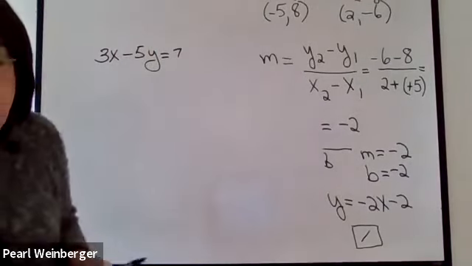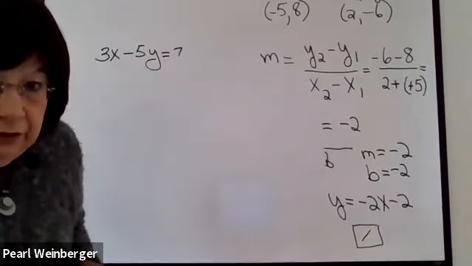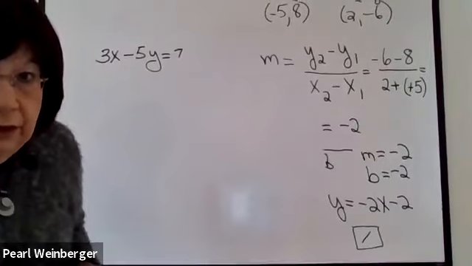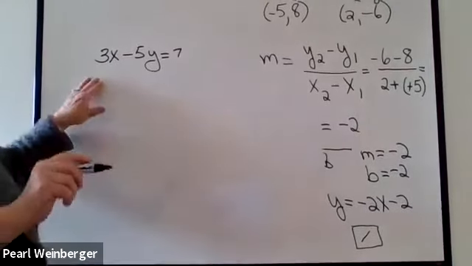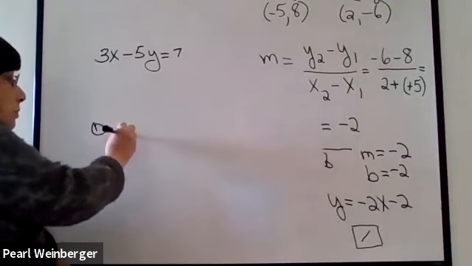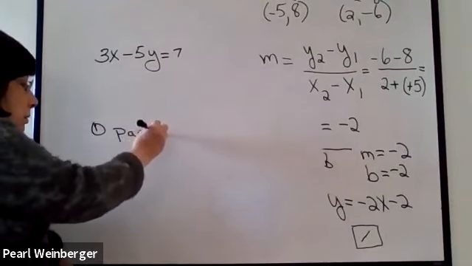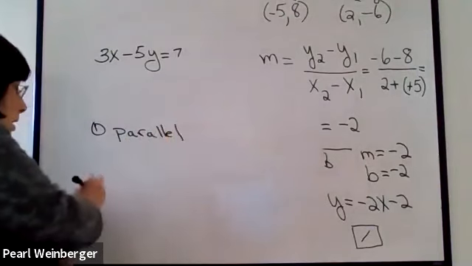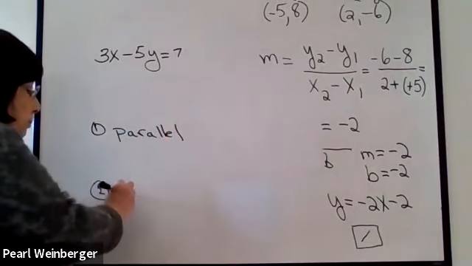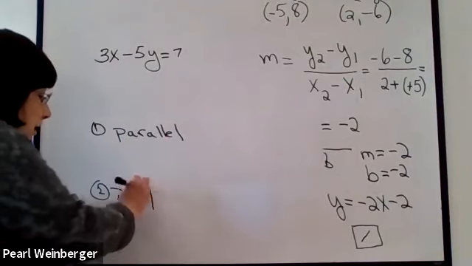And let's say I asked you to find the slope of a line that's parallel to this line. What would the slope be of a line that's parallel to this line? And what would the slope of a line be if it was perpendicular to that line?